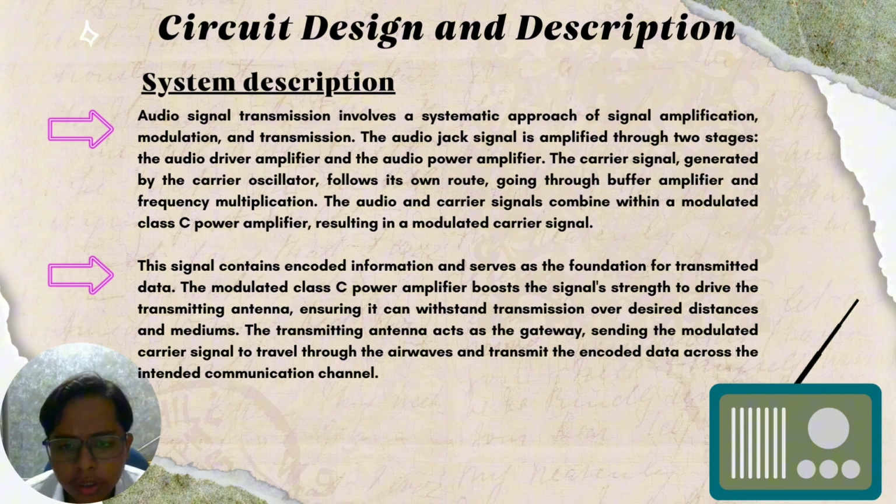The audio and carrier signals combine in the modulated Class C power amplifier, resulting in a modulated carrier signal. The signal contains encoded information and serves as the foundation for transmitting data. The modulated Class C power amplifier boosts the signal strength to drive the transmitting antenna, ensuring it can withstand transmission over the desired distance and medium.